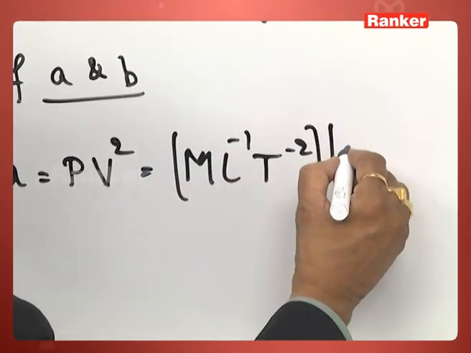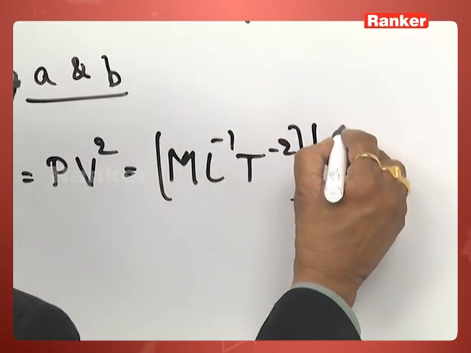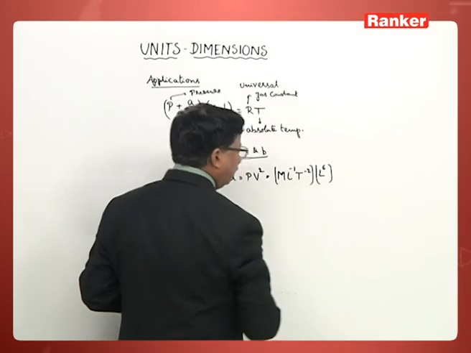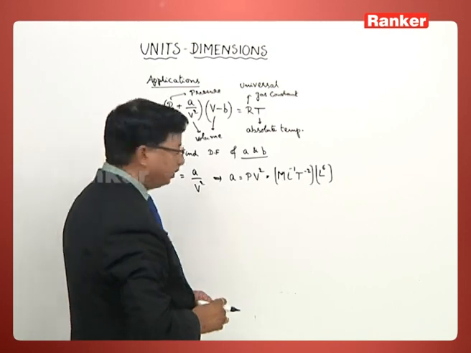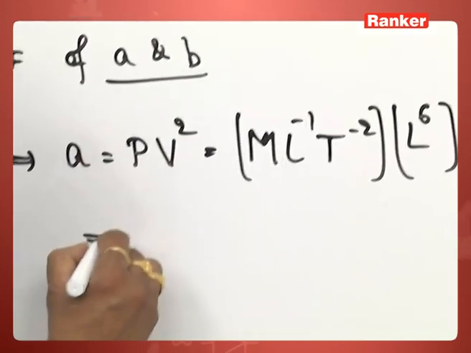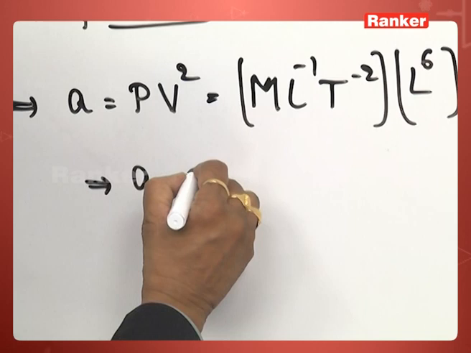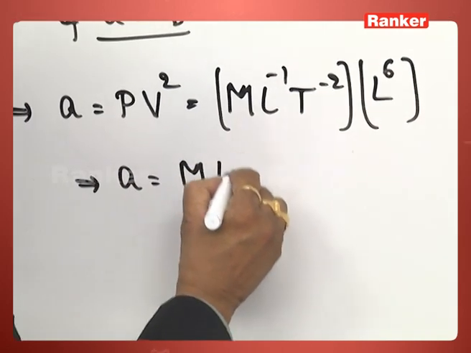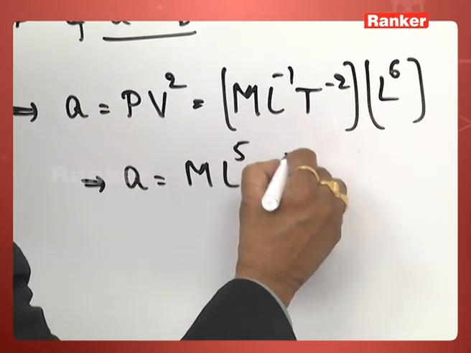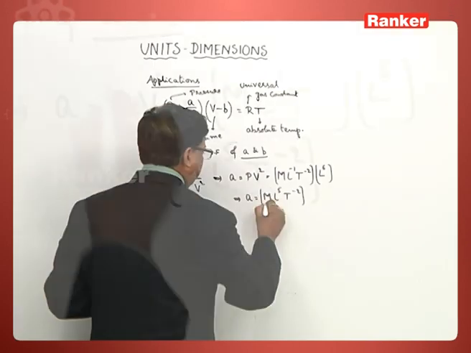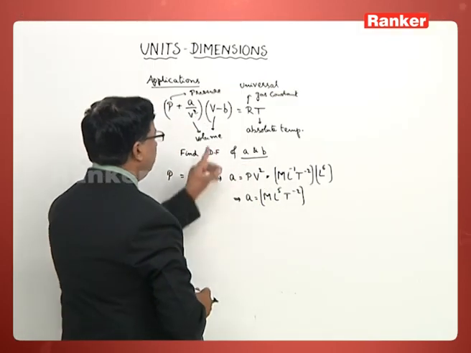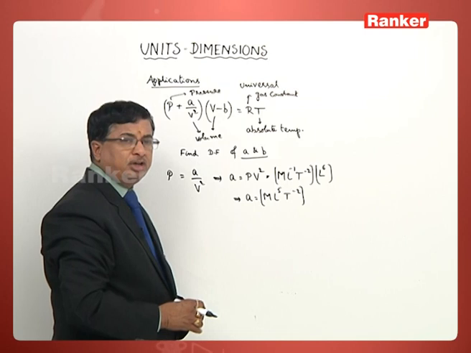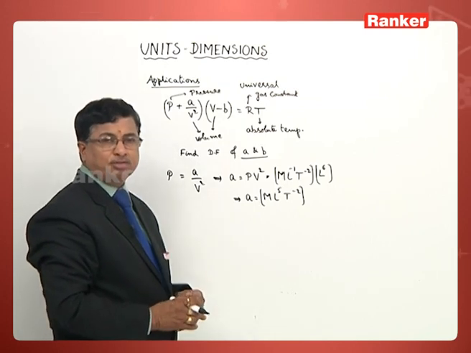Volume being L cube, whole square, now becomes L power 6. So, what is the dimensional formula for A now? It is M L to the power 5 T power minus 2. That is the dimensional formula for the quantity mentioned as A in the given equation.